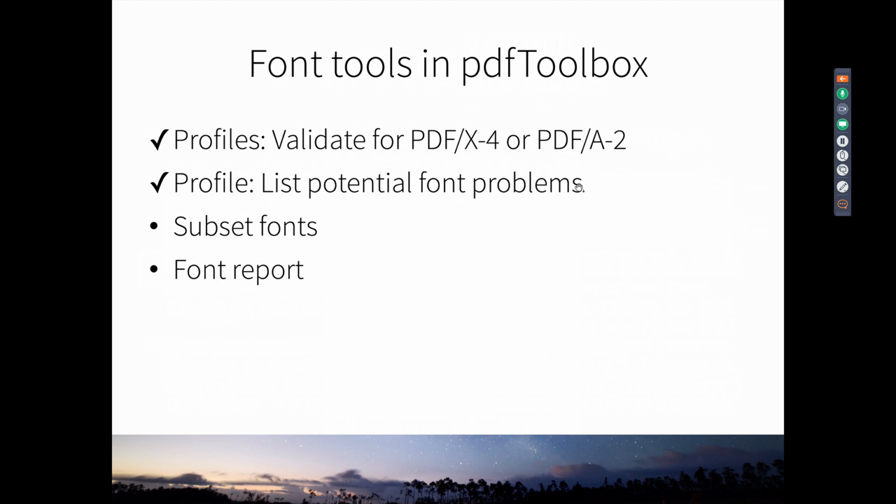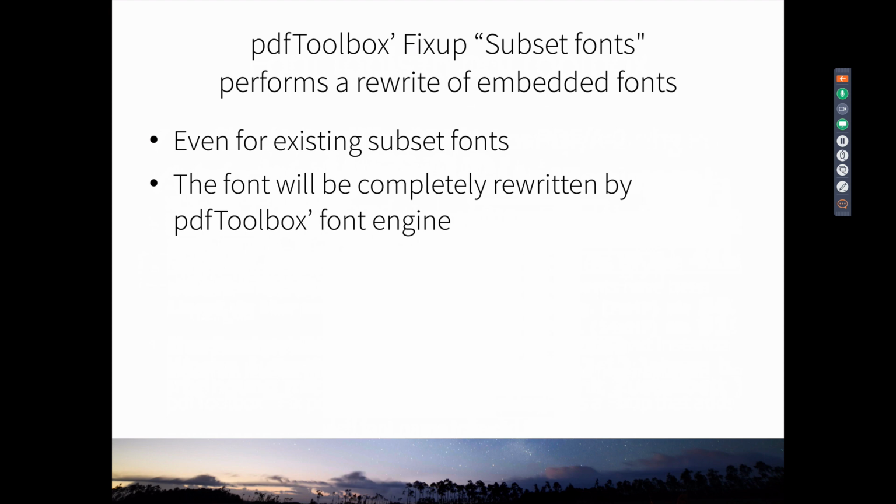So again, it might be a good idea to use any of these three profiles to make sure that font-wise and text-wise the PDF seems to be okay. My goal with this presentation was to help you better understand what the messages mean if you see any problems here.